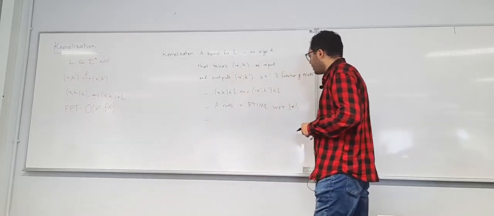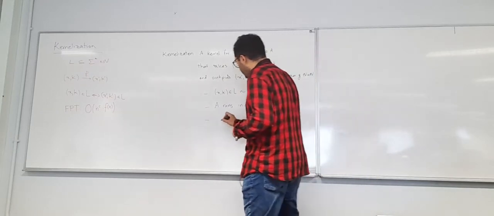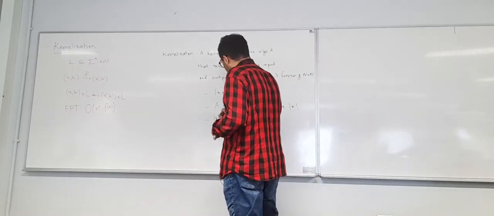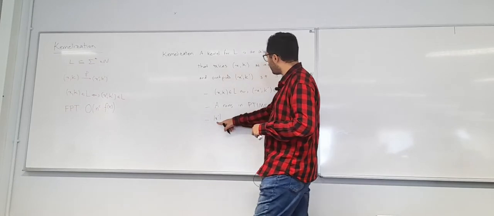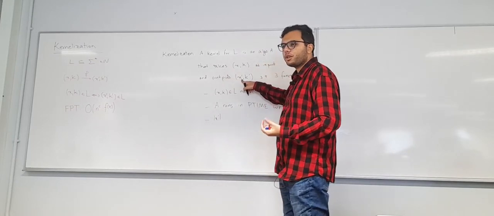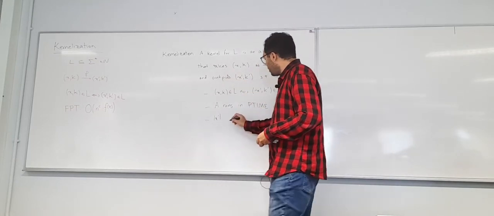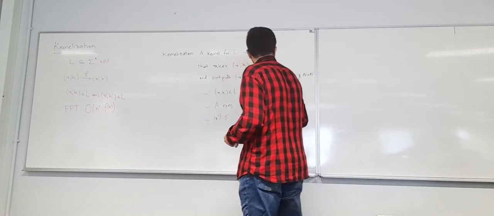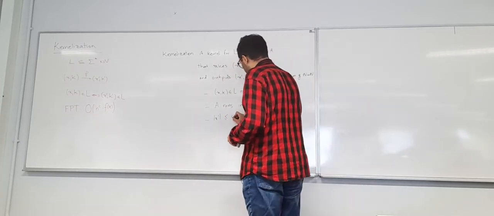And what do I want? I want the length of my output, the length of my small instance, to be bounded by this function, g of k.